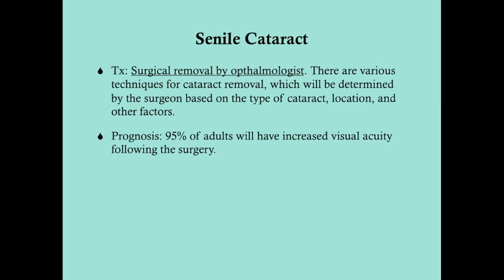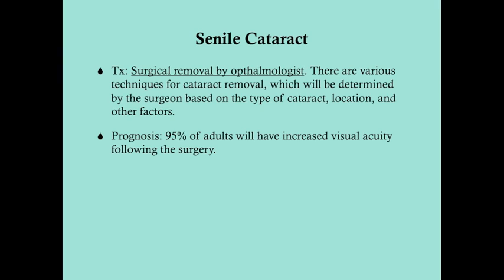There are various techniques for cataract removal, and that's going to be determined by the preference of the ophthalmologist, and it's based on the type of cataract, location, and other factors. By no means do you need to know anything about determining what kind of surgery to do for a patient with cataract. You just need to know that surgery is the best thing to do for a cataract, and that you need to refer them to the ophthalmologist.